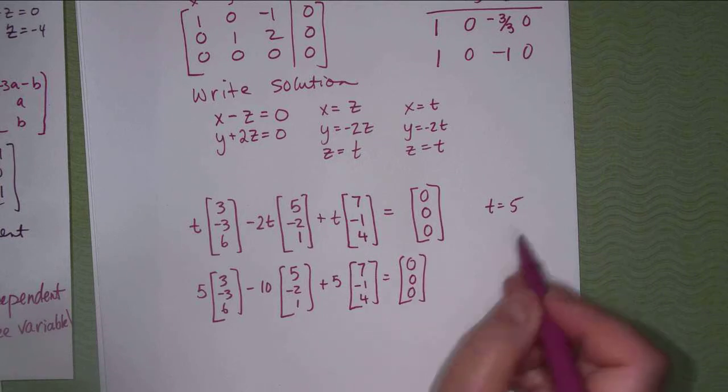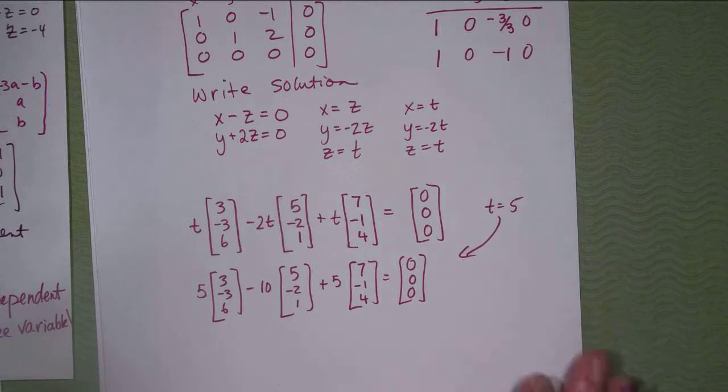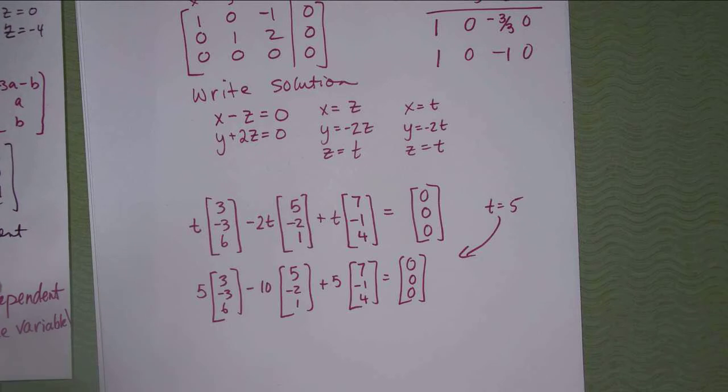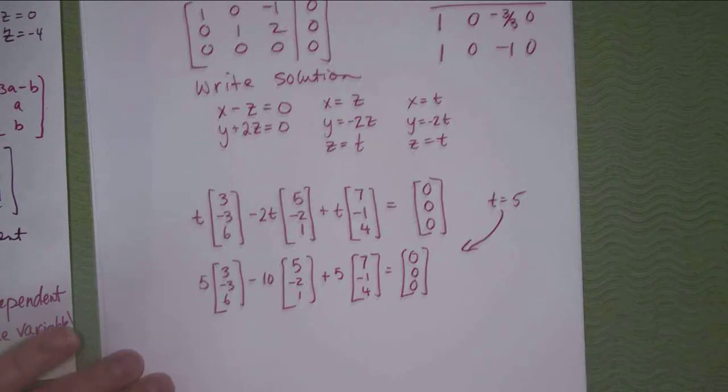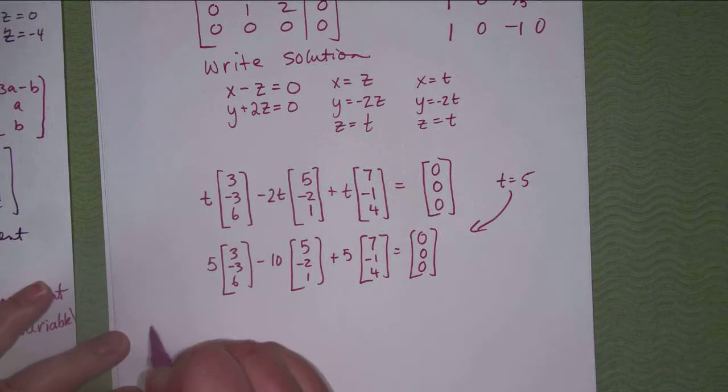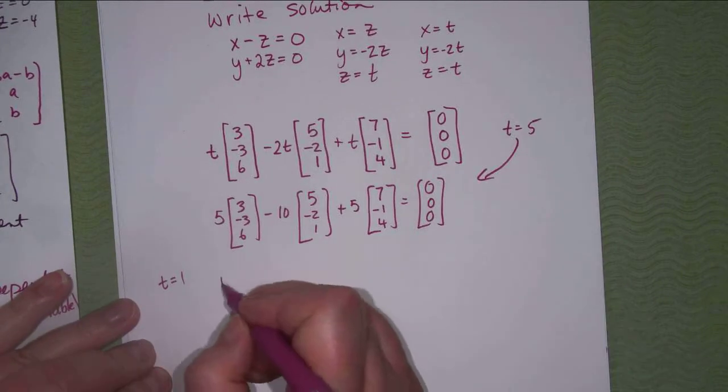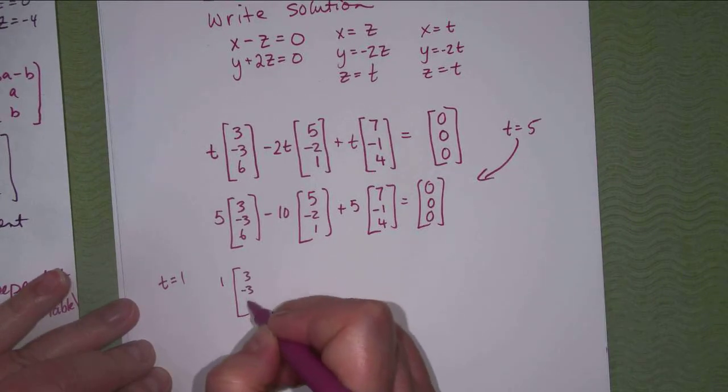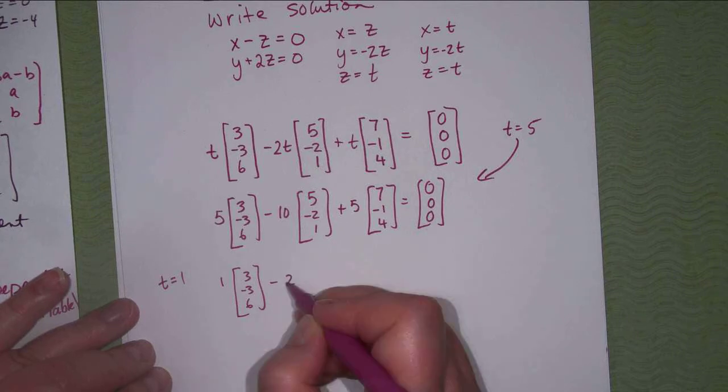Right, you could put t is anything into it, or just leave the t's, and it would be an appropriate linear combination. Most people just put 1 in for t. Don't put 0, because you're trying to show that there's other solutions other than 0. 0 always works. It's easier to check your answer if you put t is 1.